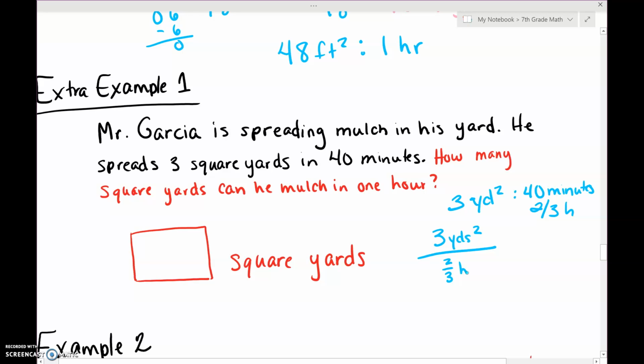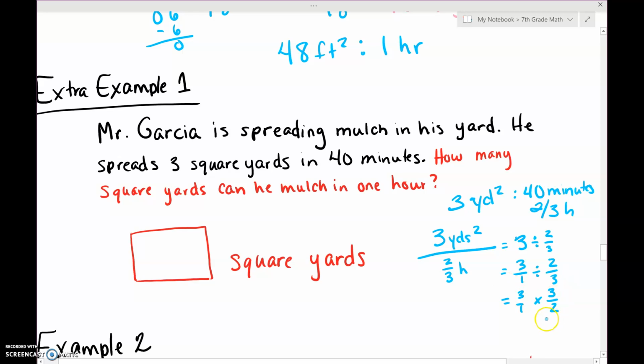We're going to rewrite this problem as 3 divided by 2/3. First, I have to rewrite it as 3 over 1 divided by 2/3. Now I have to multiply by the multiplicative inverse, which is 3 halves.